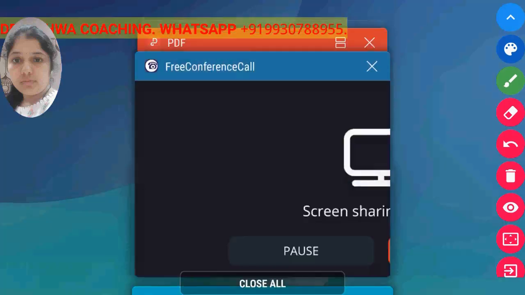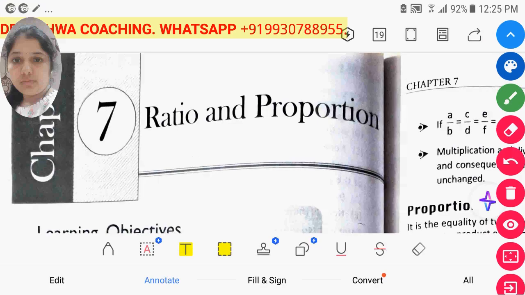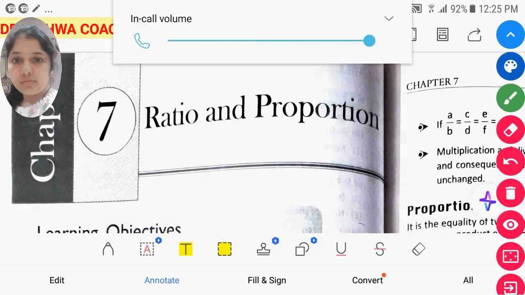Previously we had learned about fractions. Now there can be a little confusion between fraction and ratio and proportion, because the difference is small.